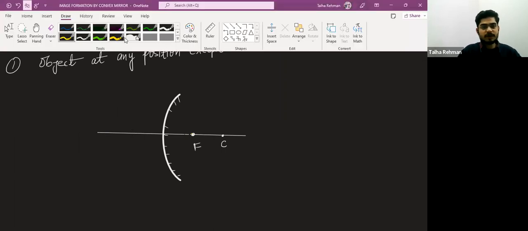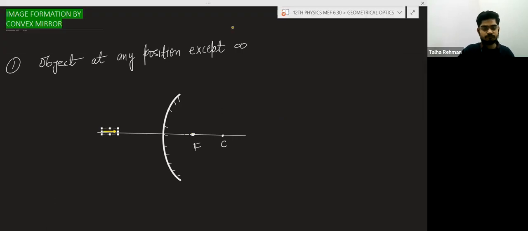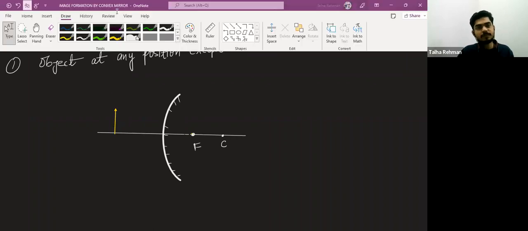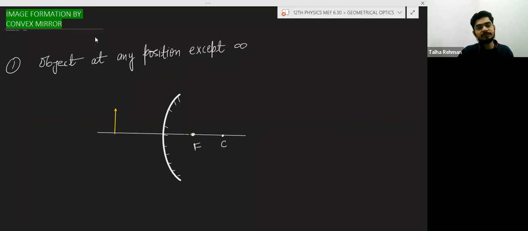For example, you are taking an object, and this is the object you have placed here. Suppose this object is giving a light of green color.